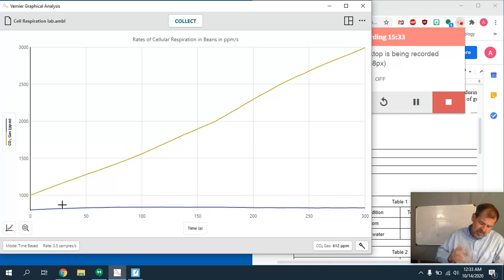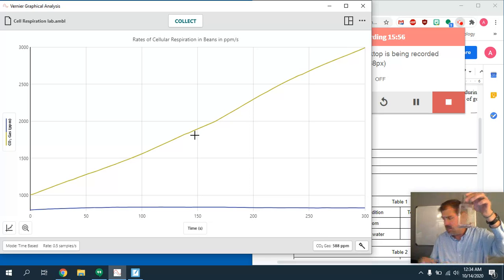I want to blot these beans dry because I don't want any excess water in there, because that can screw up my readings. I've taken the original 25 beans that we ran and that gave us this rate of CO2 production. Now I'm going to take those same beans that have been sitting on ice.